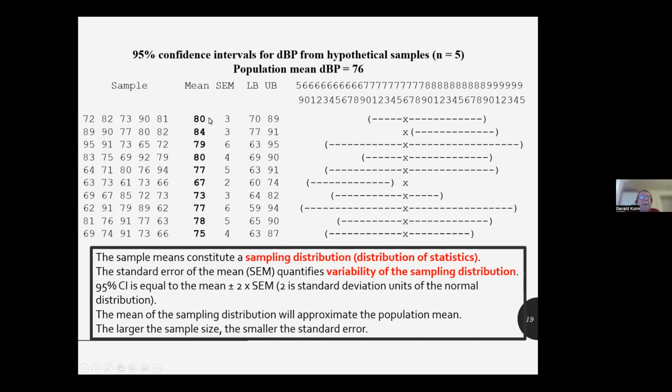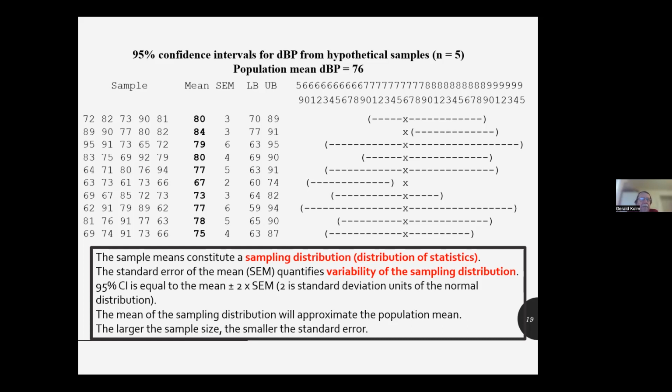But the basic idea here is that the means of samples, if we were able to sample repeatedly, constitute a sampling distribution. And then the standard error of the mean, in this case, quantifies the variability of the sampling distribution. And we get a 95% confidence interval based on the normal distribution. And I'll have a picture of that in a minute.